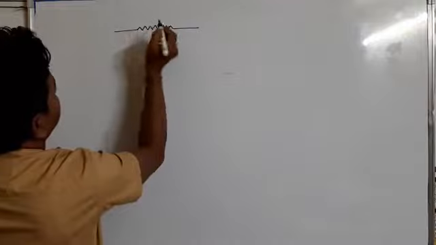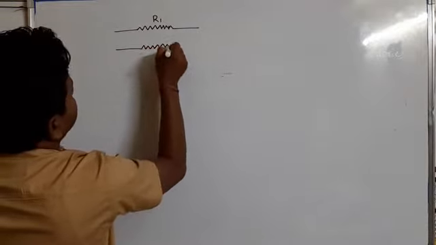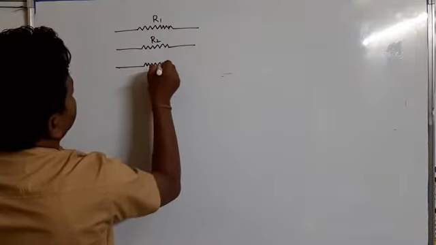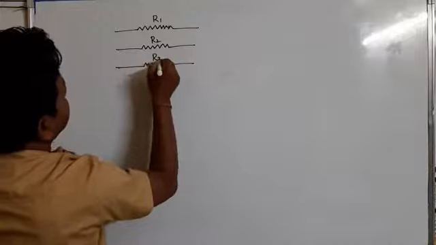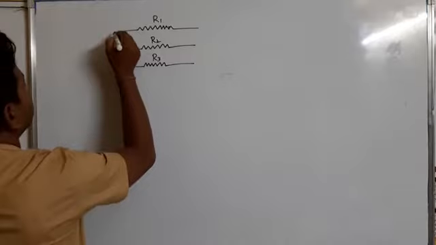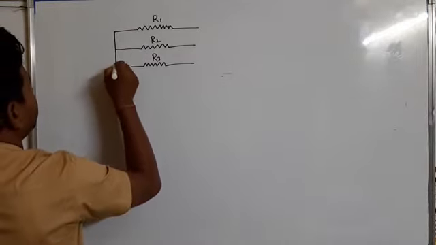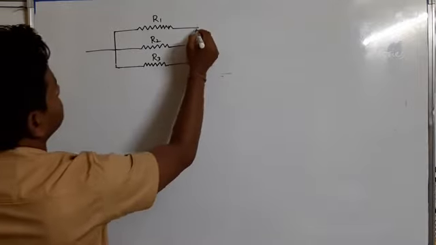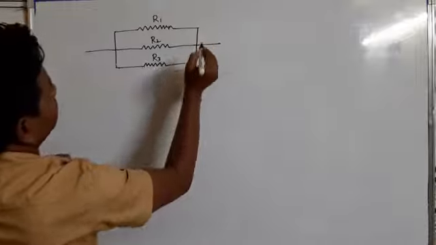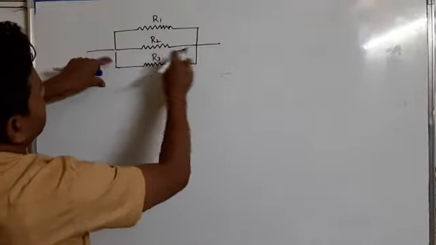This is R1, this is another resistance R2, this is another resistance R3. Three resistances are there, R1, R2, R3. They are connected in parallel. It means you can see here that between the same two points all the resistances are connected.